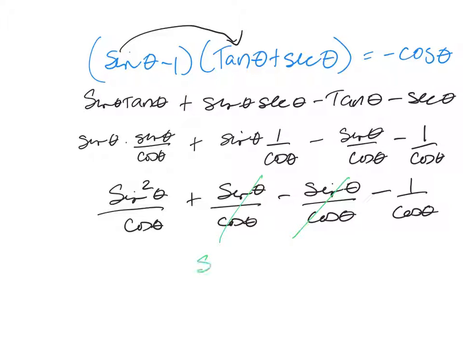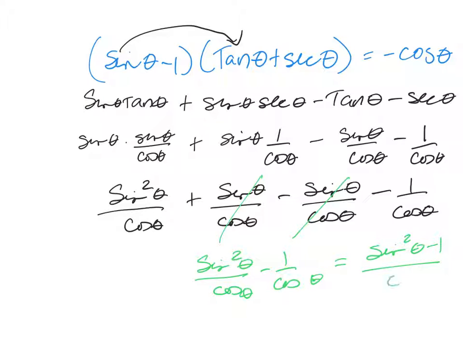So now we have sine squared of theta over cosine minus 1 over cosine of theta. And since you have a common denominator, you can express it as sine squared of theta minus 1 over cosine of theta. If I look at my sheet and I have sine squared of theta minus 1, well, look at this.